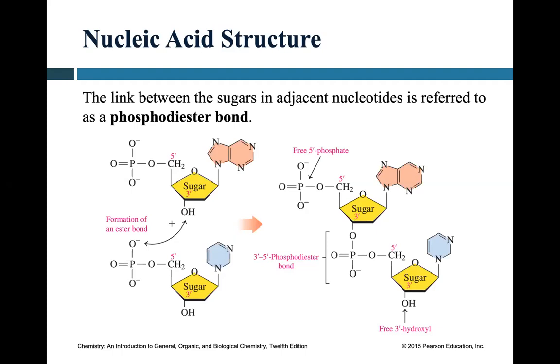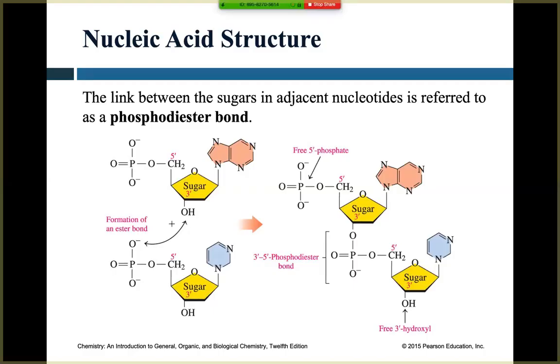So how do nucleic acids form polymers? Well, what they do, and I alluded to this earlier, is that you have this phosphate on that 5' carbon of the sugar. The 5' phosphate makes a covalent bond with a 3' hydroxyl.